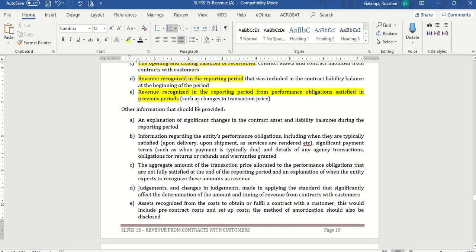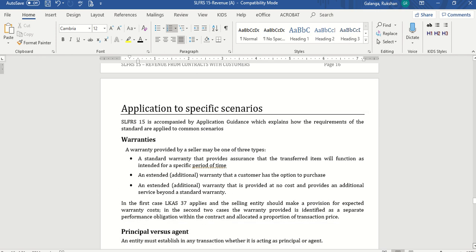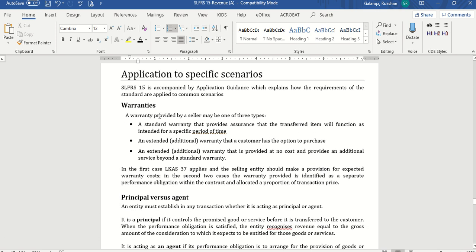So likewise, you can read what other disclosures you should make in the financial statement in relation to the revenue, right? So those kinds of things you can disclose in the financial statement. Just read, and you can refer to your standard book also for additional reading, right?